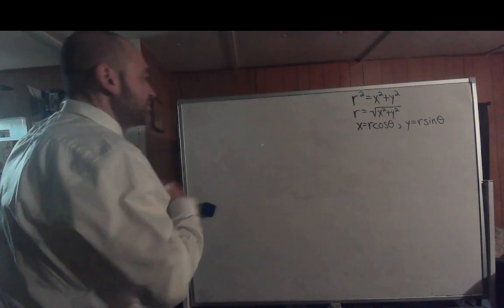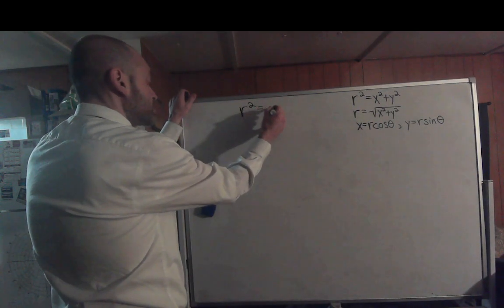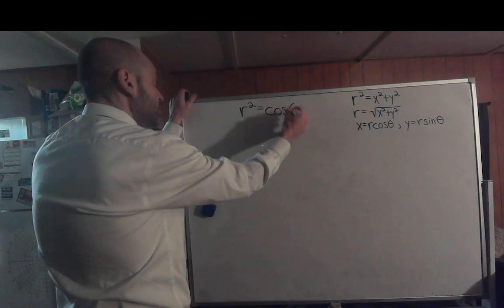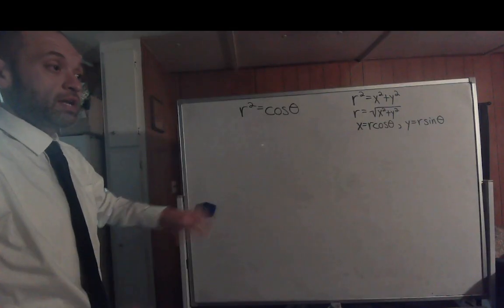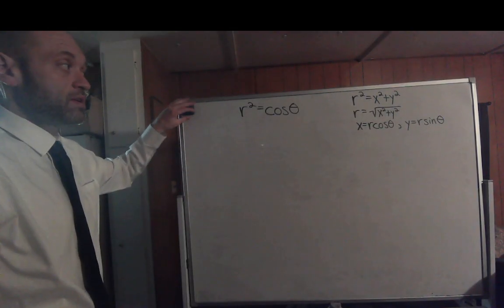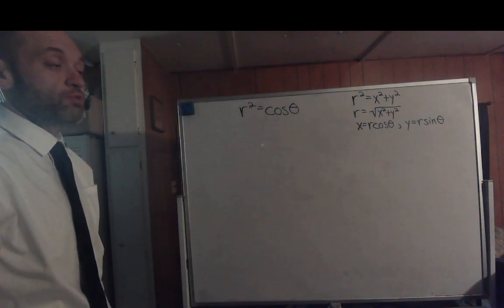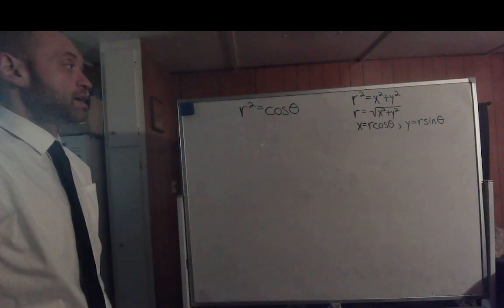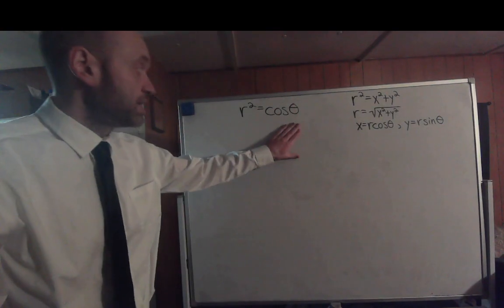Let's say we have something like r squared equals cosine of theta. Well, how in the heck are we going to approach that? Because now the r is quadratic, but the cosine's still linear.